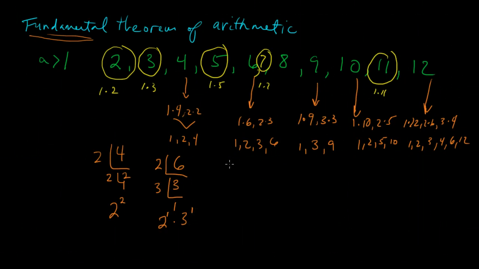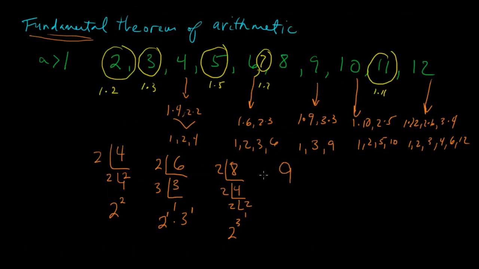8 is divisible by 2, and it leaves you with 4. 4 is divisible by 2. That leaves you with 2, and 2 is divisible by 2, leaving you with 1. So 8, you can say, is 2 to the third power. And you might at this point be thinking, well, is it possible that all composite numbers are even numbers? 4, 6, and 8 certainly are even numbers, but then we come across the number 9.